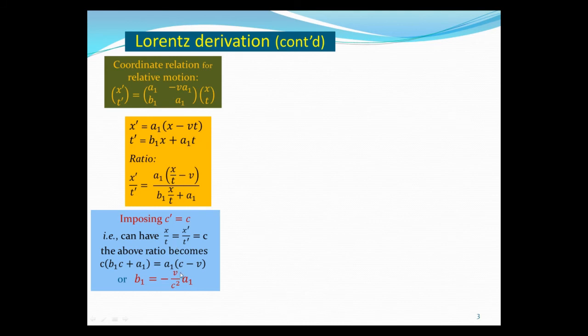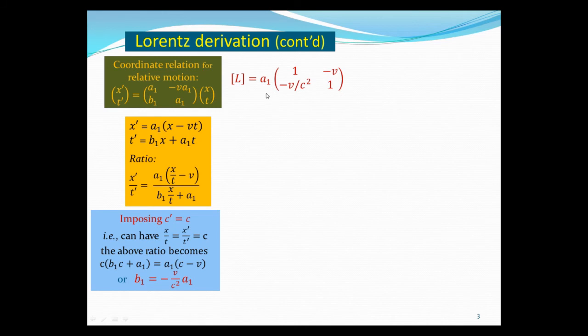Now the c a1 and c a1 terms cancel. So the right-hand side only has b1 c squared, and dividing by c squared, b1 equals minus v over c squared times a1. So b1 can also be expressed in terms of a1.